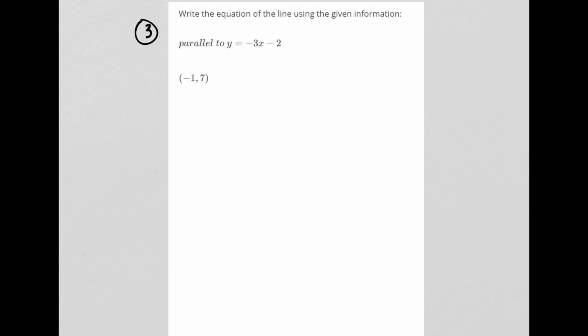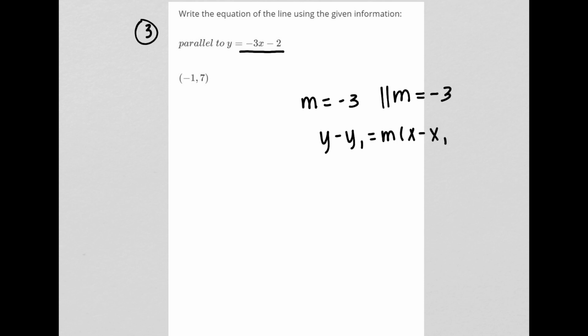Number 3 is very similar. I want you to write the equation of the line using the given information parallel to y equals negative 3x minus 2. So my original slope is negative 3. My parallel slope, nothing changes, it's the exact same, so it's also negative 3. We're going to use the point slope again. Y minus y1 is equal to m times x minus x1.